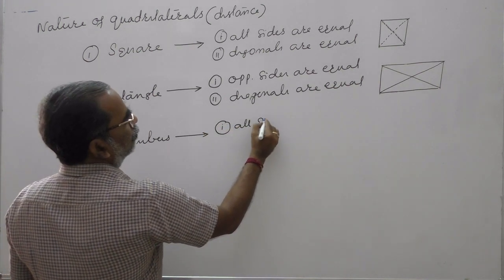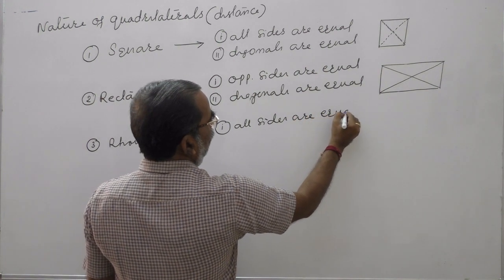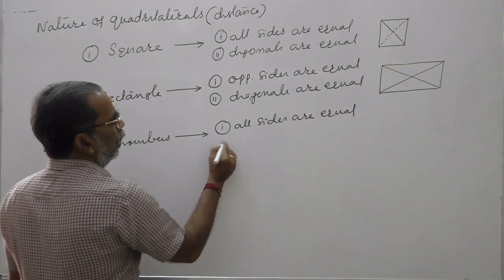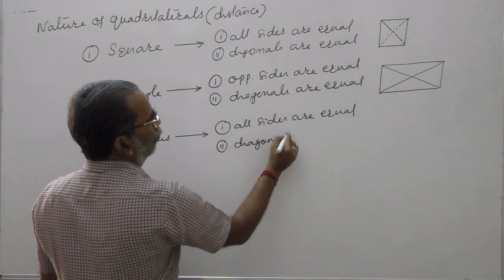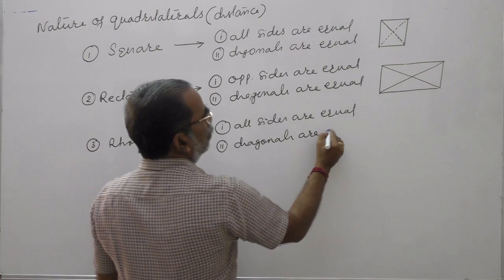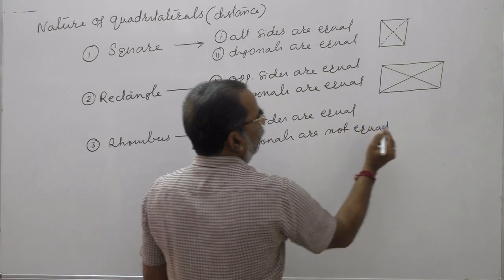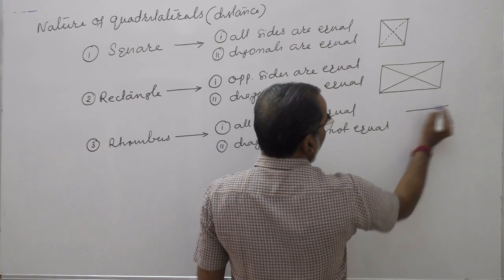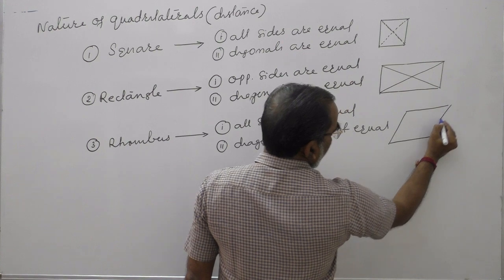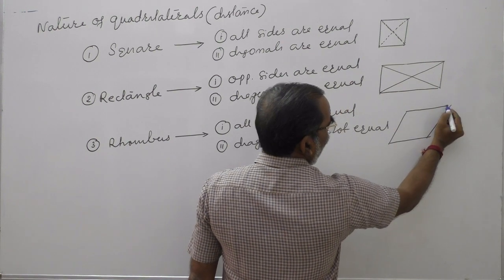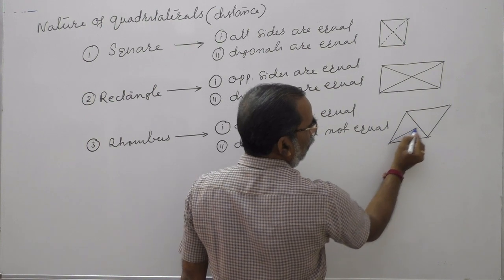All sides are equal and diagonals are not equal. See, this is a rhombus. It will be like this. All sides are equal. See, all four sides are equal, but diagonals are not equal.